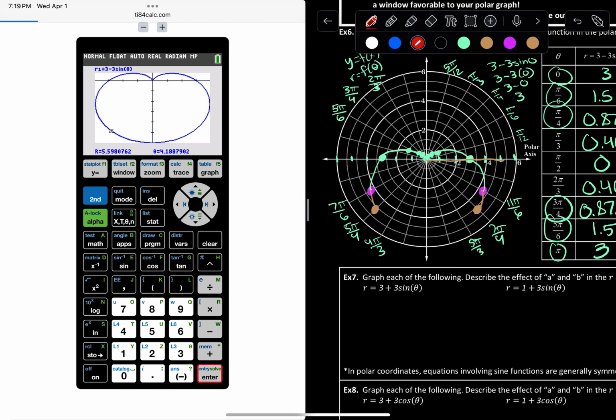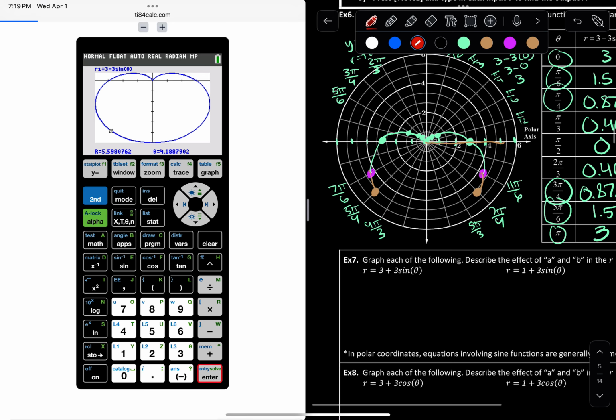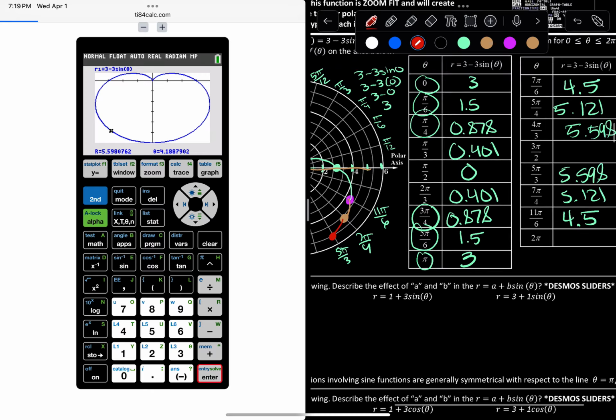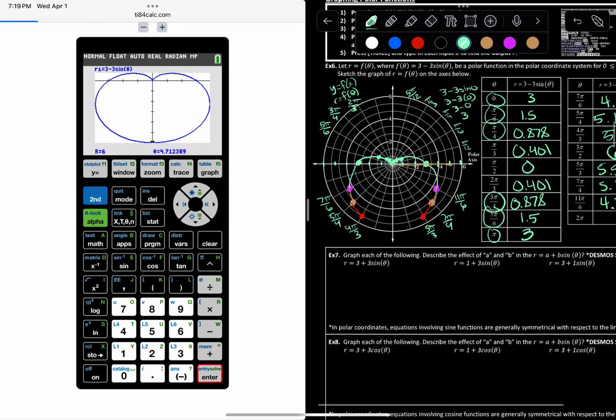Oh, no, it's not. 5.59. That's not almost 6. It's almost like 5.5. So we'll say it's like here. And then these two will connect. And the last one for 3 pi over 2. If I trace 3 pi over 2, I end up with a radius of 6. And that is the max radius.